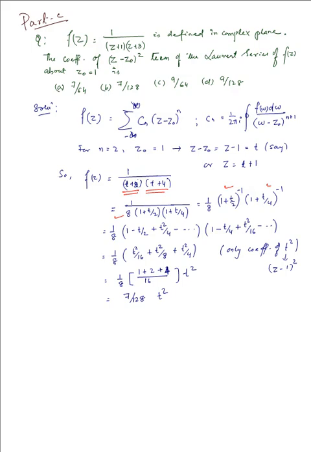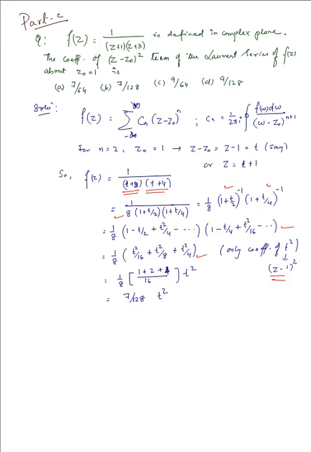So from binomial expansion we have this. Now we have to focus on the t squared term, because t squared is (z minus 1) squared, whose coefficient is to be determined.